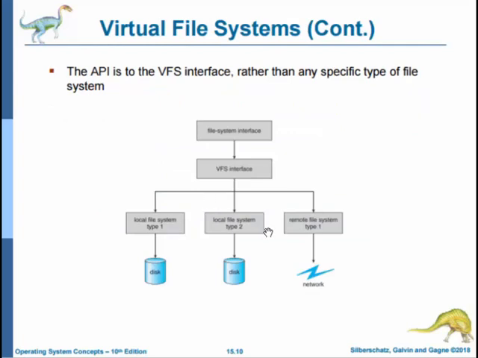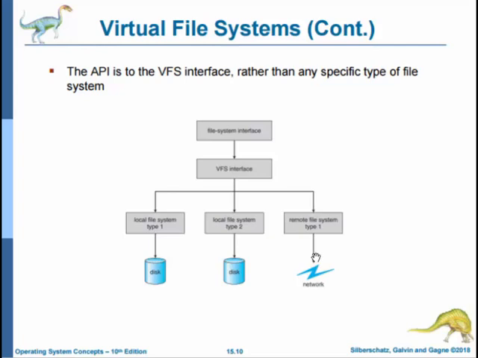Illustrated here is the virtual file system's schematic diagram, wherein we can see that the first layer is the file system interface, and it's based on the open, read, write, and close calls, or system calls, and on file descriptors. The second layer that you see is the virtual file system. As I mentioned, the VFS serves two important functions.